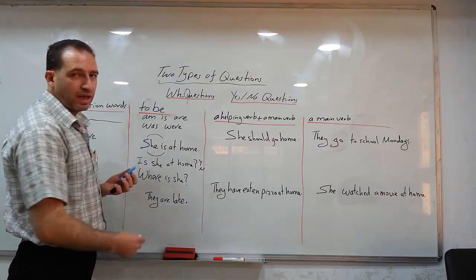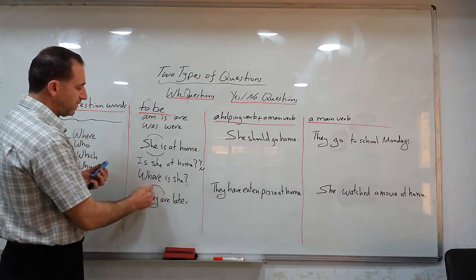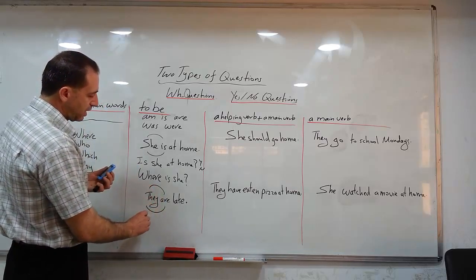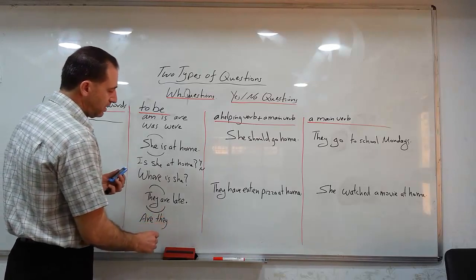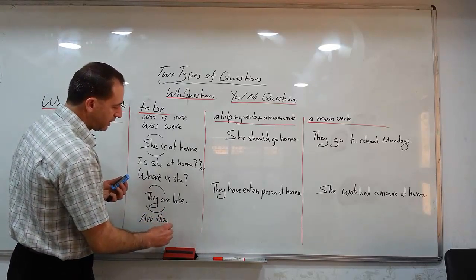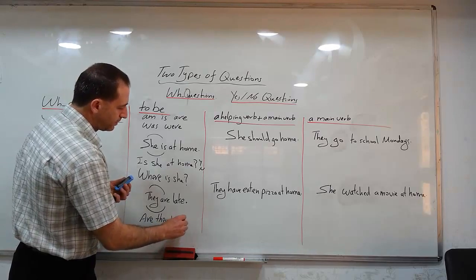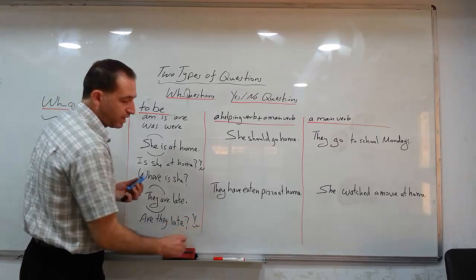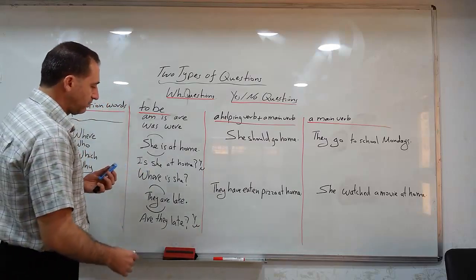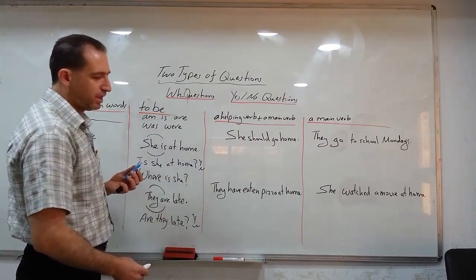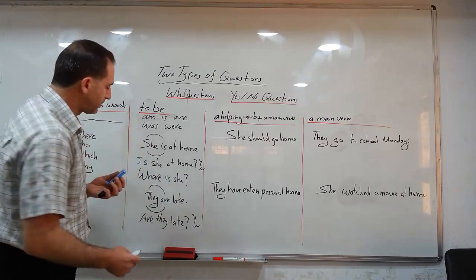They are late. This is another example. So I do some inversion. I put are at the beginning, and I put they, and then: are they late? Question mark. The answer is yes or no. And I can make another question asking why.